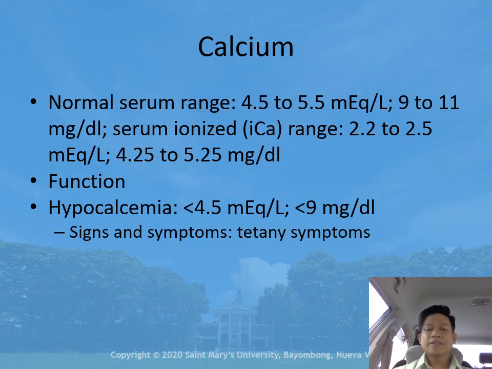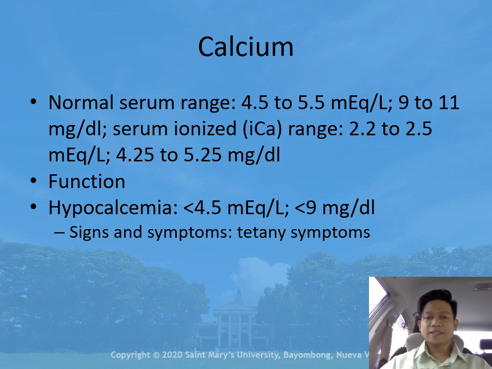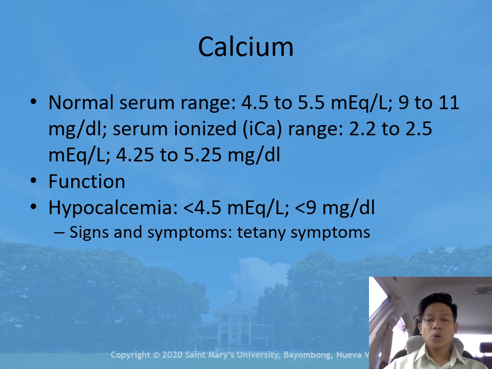Calcium. The appropriate range for serum calcium is 4.5 to 5.5 milliequivalent per liter. If a client's serum calcium level is 3.7 milliequivalent per liter, the nurse correctly interprets that this level is low.